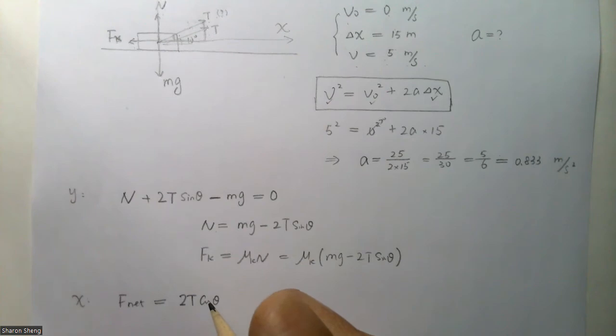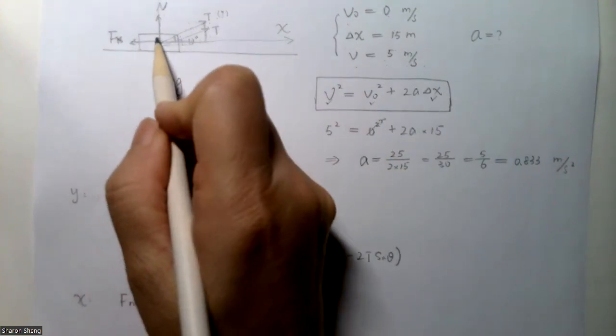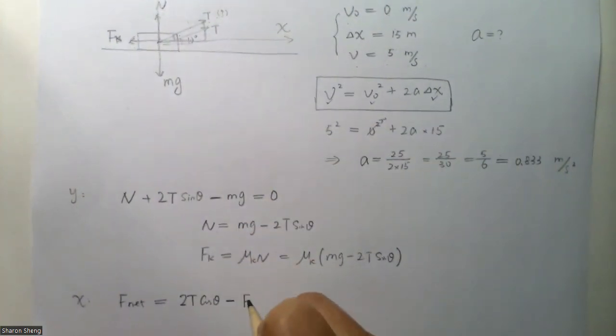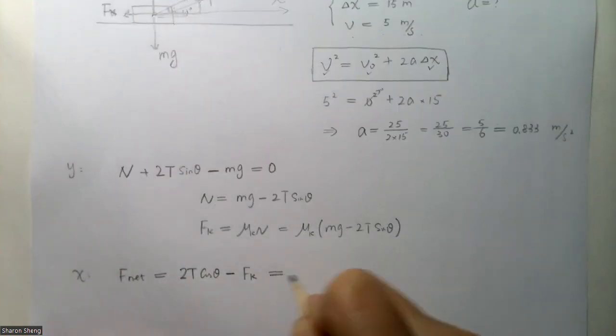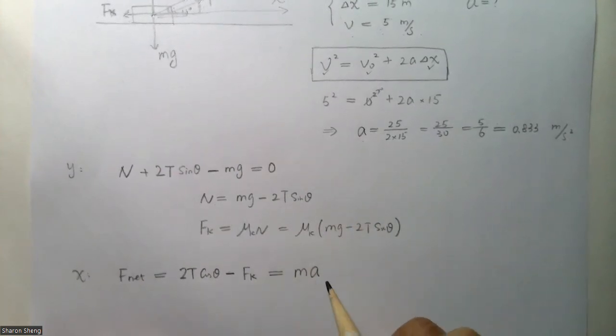So 2T cosine theta. That's the pulling part along x. And fk is pointing in the negative x direction, so I will minus fk. That's the net force. And net force equals what? Equals m times a. We got a already. So that's the equation we have here.